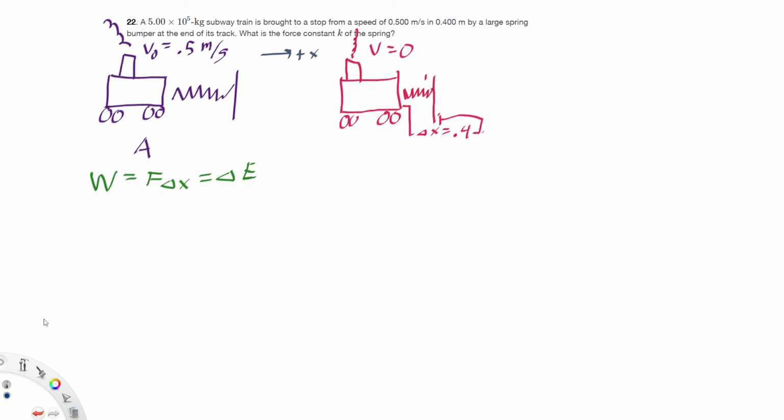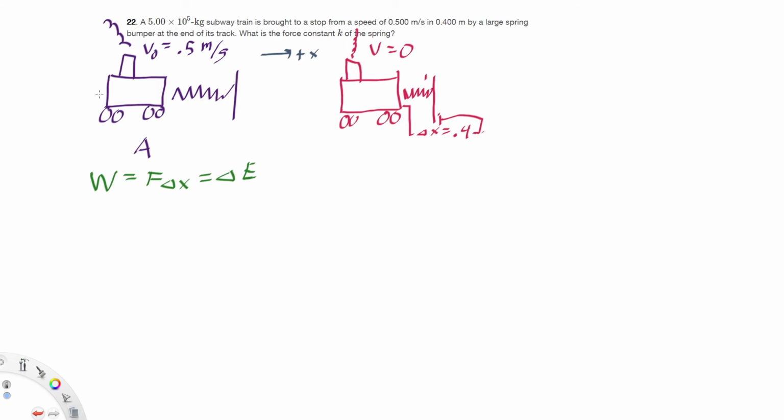Okay, so work energy theorem, boom. The key is defining what the system looks like. If we consider just the train to be the system, then the force exerted by the spring on the train is an external force that does work, right?